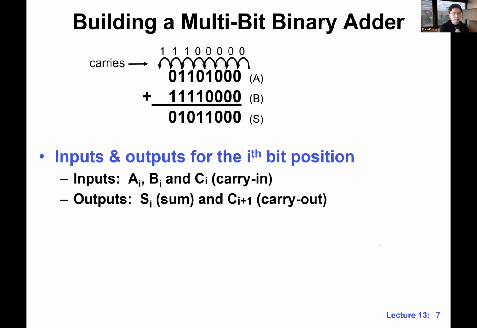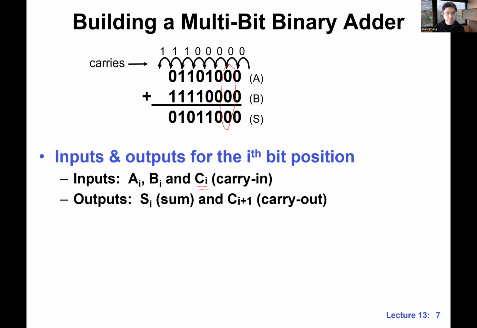First, let's introduce some additional terms. We already know the notations. Let's focus on each column. Given the bit position, we have 3 inputs depending on the index of the bit position, which are called A sub I, B sub I, and C sub I. CI means the carry in.